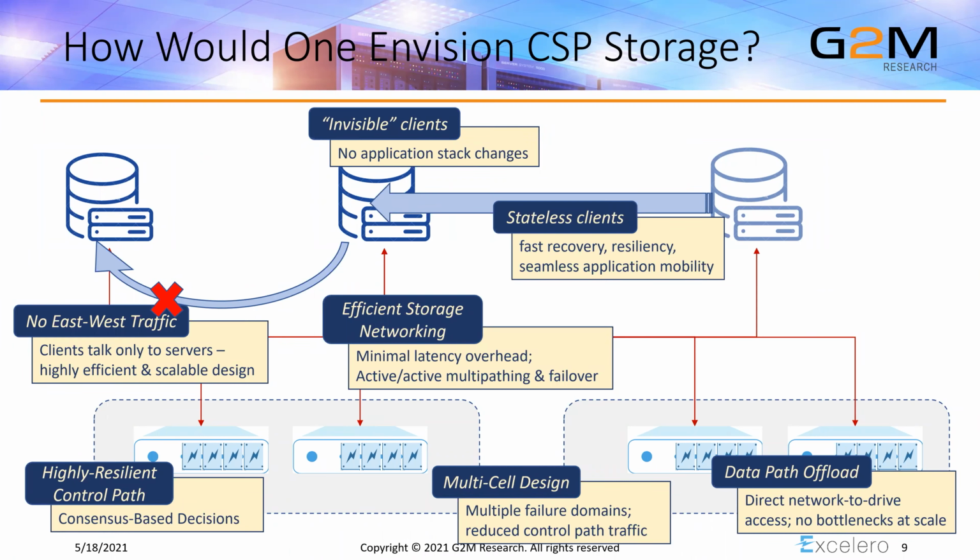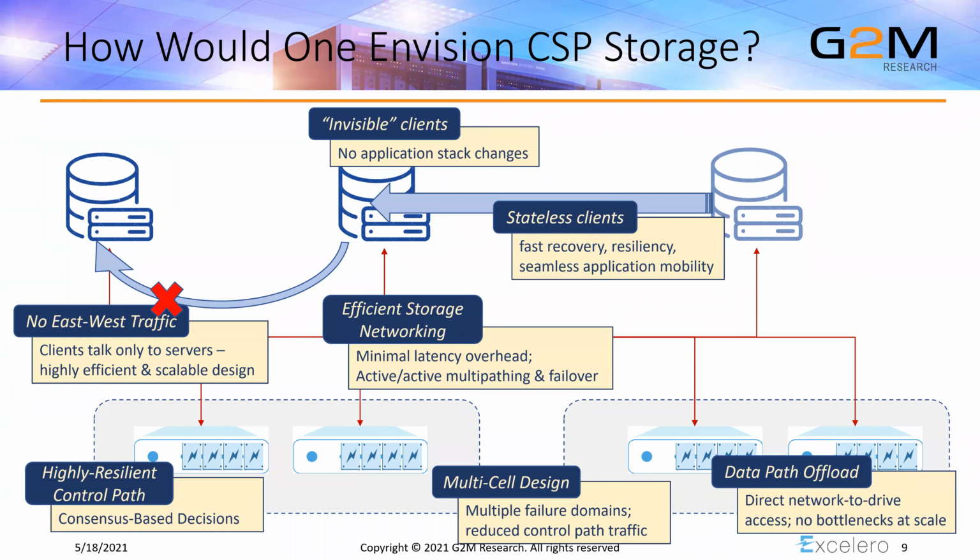And finally, talking about data path offload, it's actually relatively new compared to other parts of storage architecture, but it's a very hot topic since we know that CPUs are really bad and inefficient in handling a lot of fast I/O.